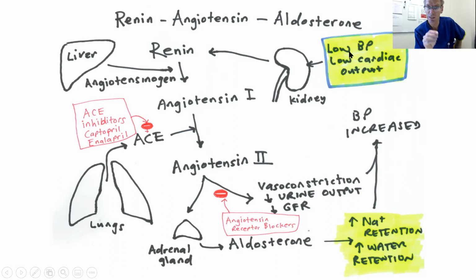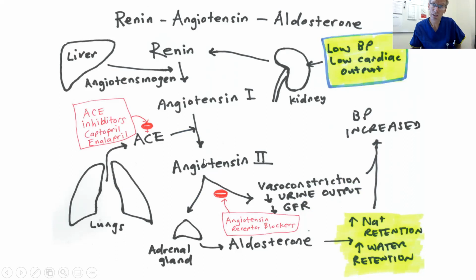It's produced under conditions of low blood pressure or low cardiac output. So if the blood pressure is low or the cardiac output's low, then that stimulates the kidney to produce renin. And renin itself isn't very active, but it gets converted into angiotensin, and it's converted in two stages, angiotensin 1 and angiotensin 2.